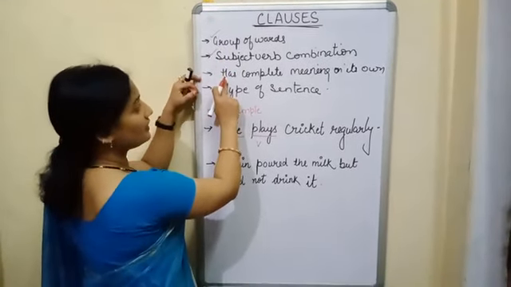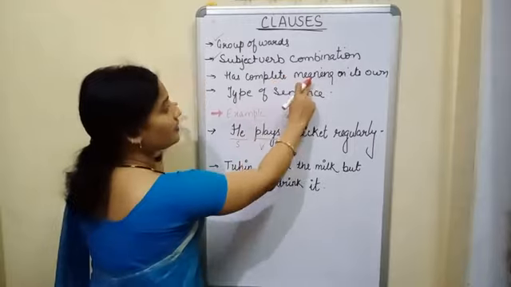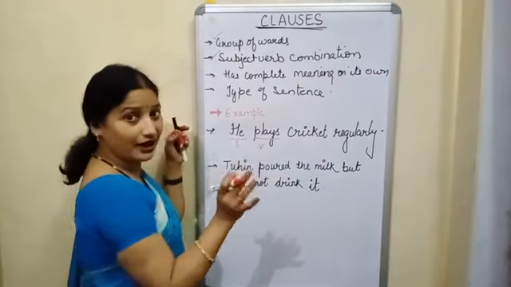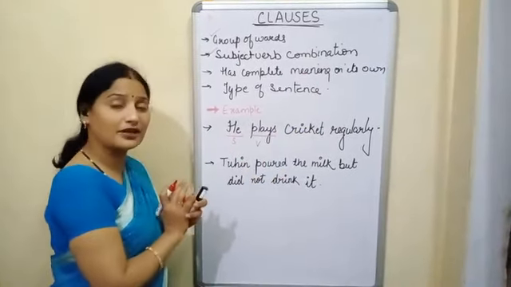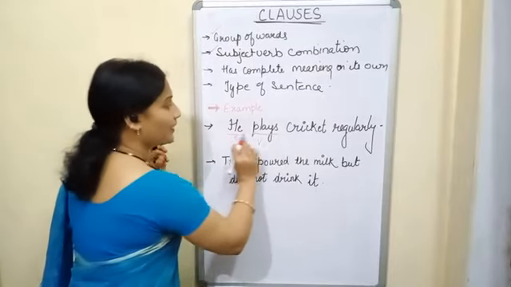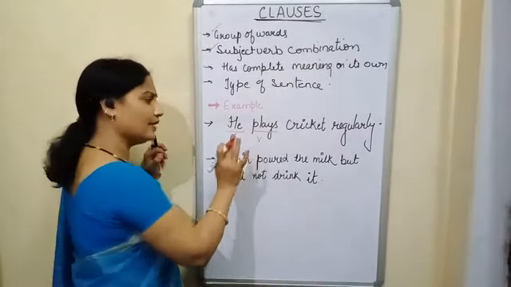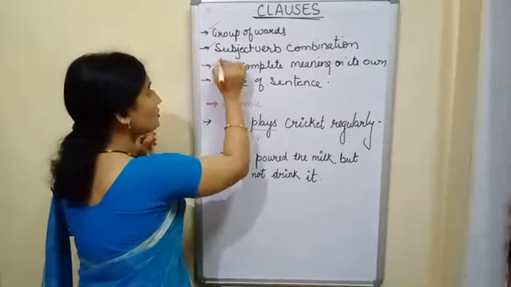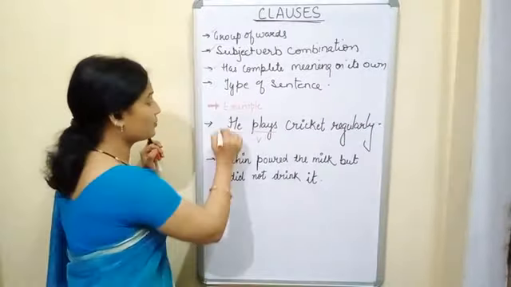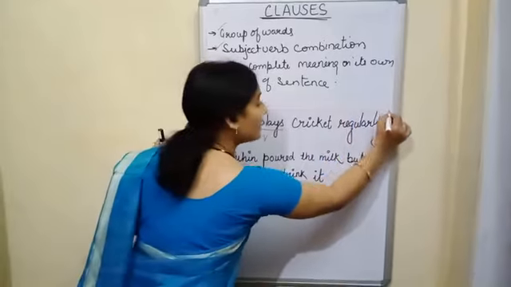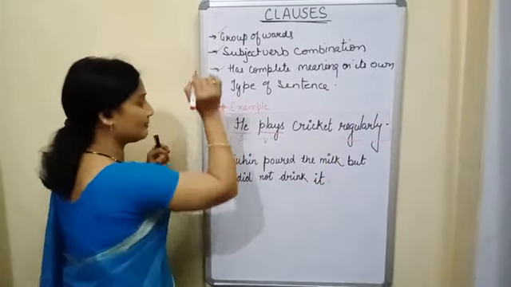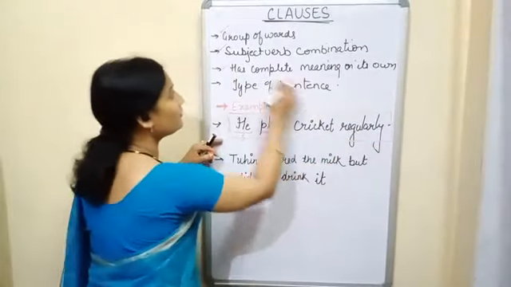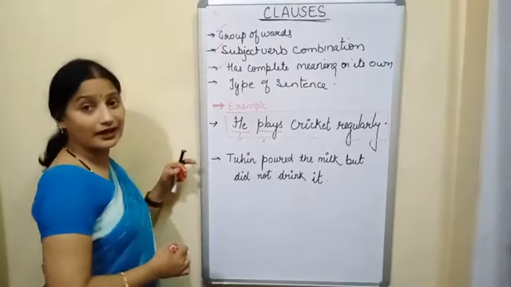A clause should have a complete meaning on its own. This whole sentence makes complete sense. Clear? So this is also fulfilled. And that's why we can say that it is a clause, because this fulfills all three of our requirements.